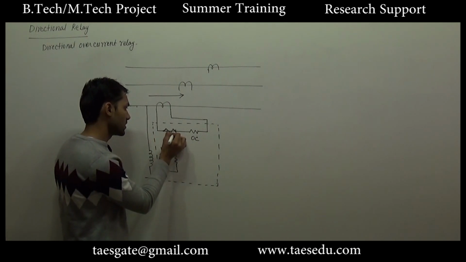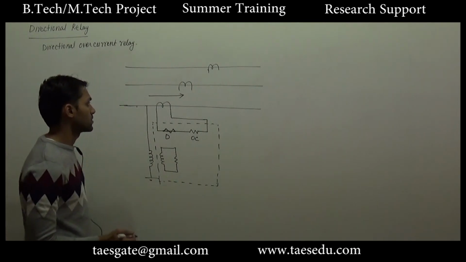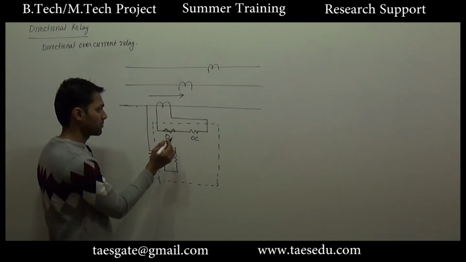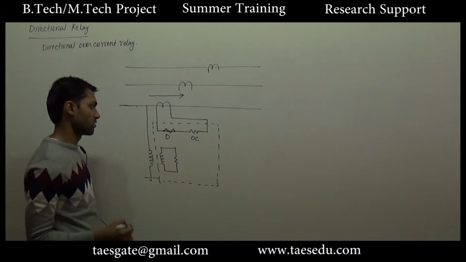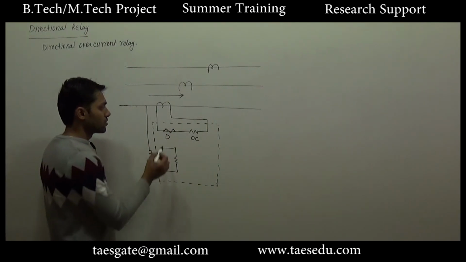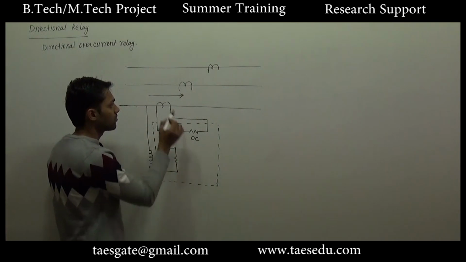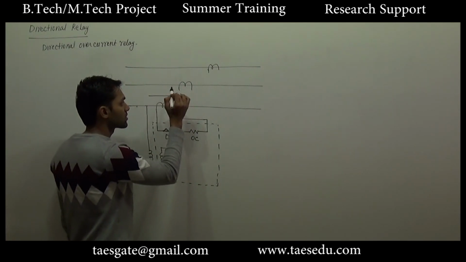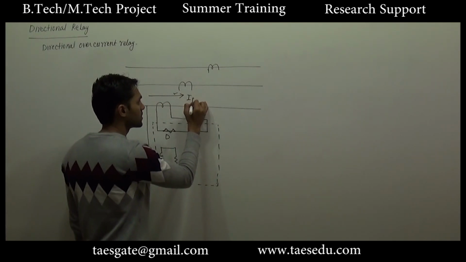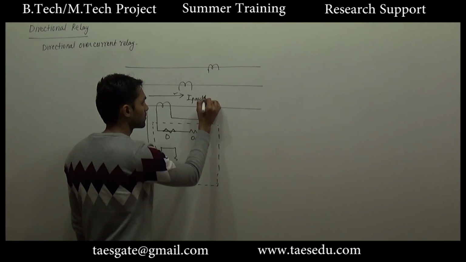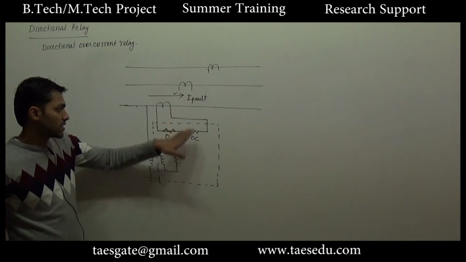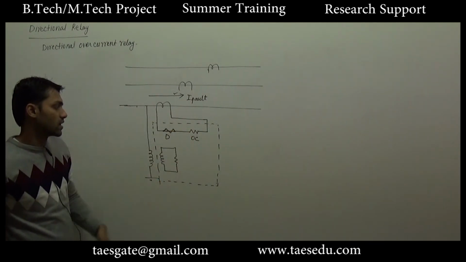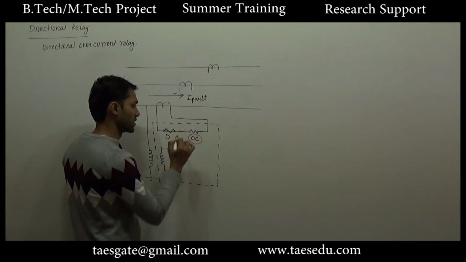So for this direction of current, the directional relay closes its connection, the circuit is completed, and according to the magnitude of the current, the overcurrent relay can detect it as a fault current or normal current.